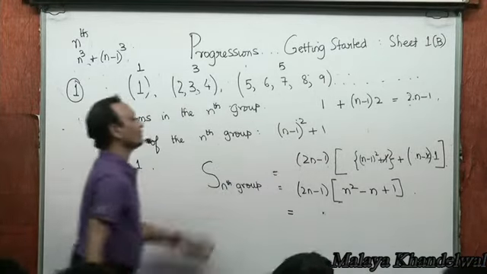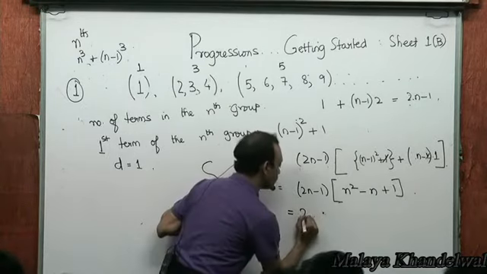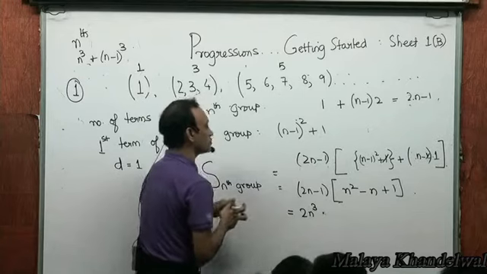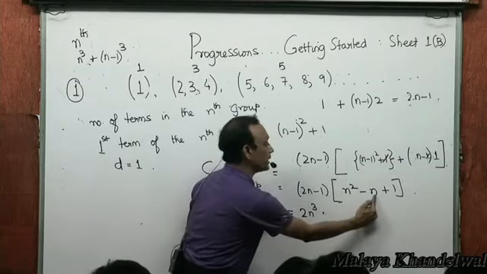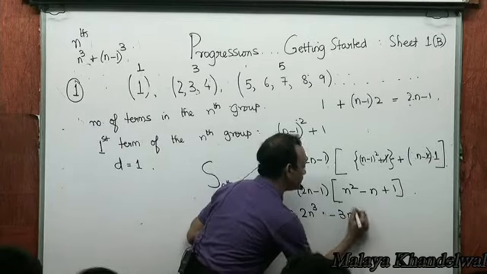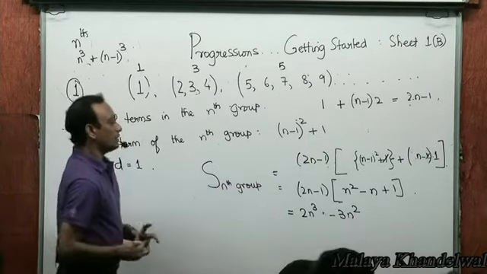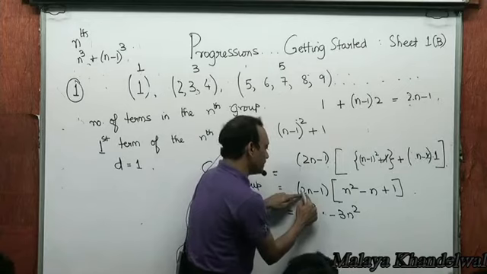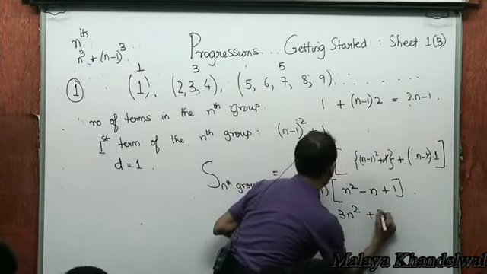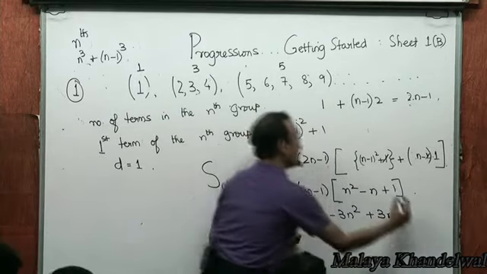Again, realize that this gives me a 2n cubed, right? This into this. The n square terms will come from here: 2n into n minus 2n squared minus n squared. That makes it minus 3n squared, right? Then the n will come as 2n into 1 plus n plus 3n, and then minus 1.